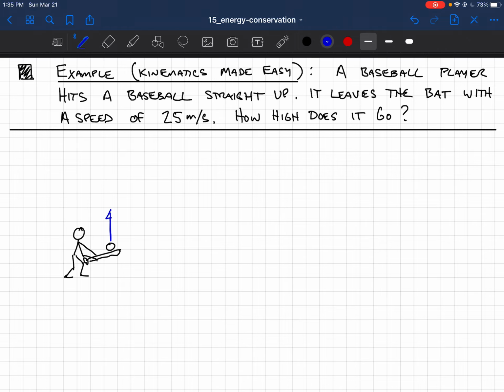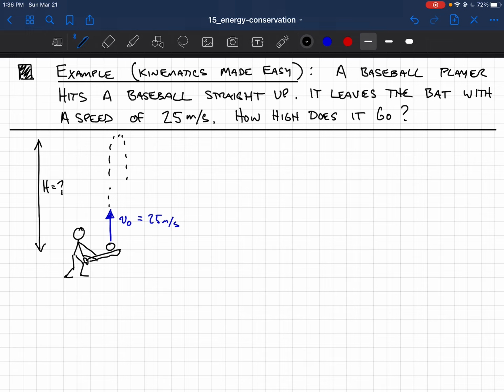So the ball goes straight up with some initial speed, v0. So v0 is 25 meters per second. And it will go up, it will stop, and it will come back down again. So we can label that as a particular height, which we do not know.